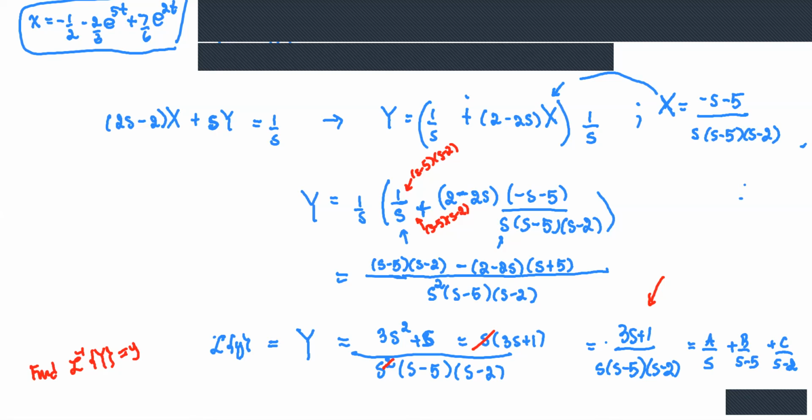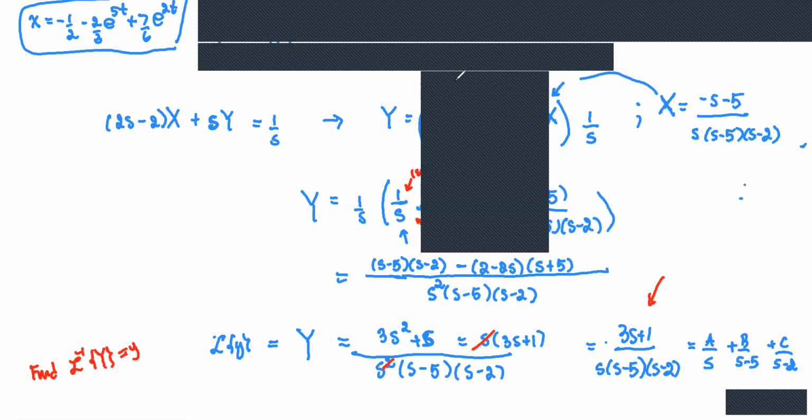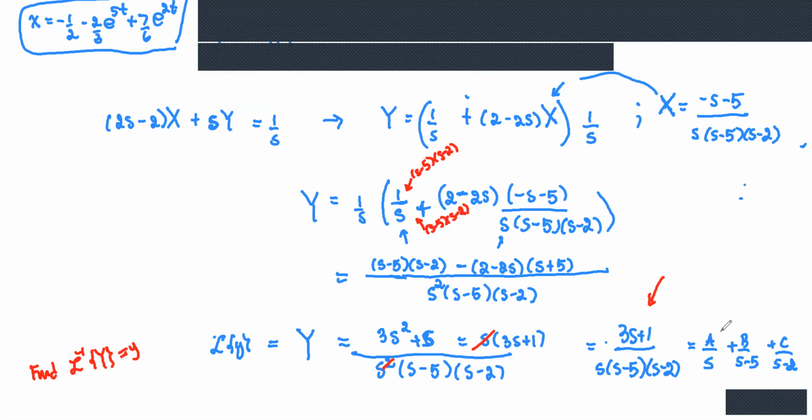What you guys got? I got 1/10. Okay, so A is 1/10. And how about plus 16/15 for the s minus 5, B? Okay, thank you. And then how about C? Minus 7/6.